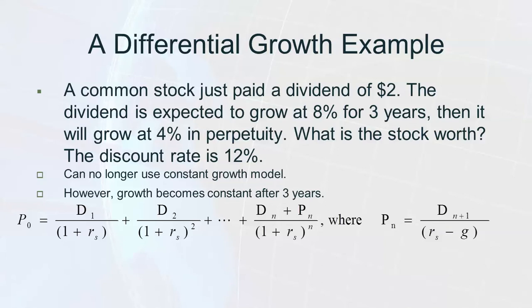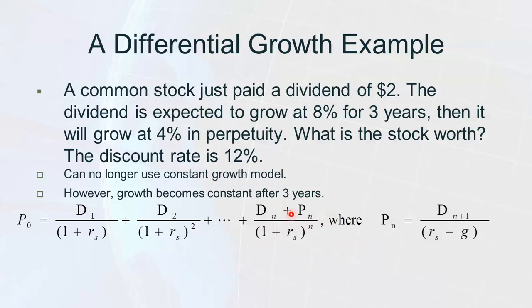As you can see in this problem, for dividends 1, 2, 3, up to here the dividend growth is going to be different, and after that it's going to be constant.